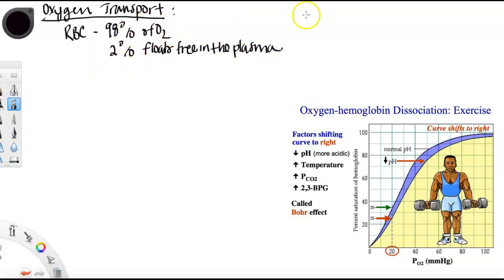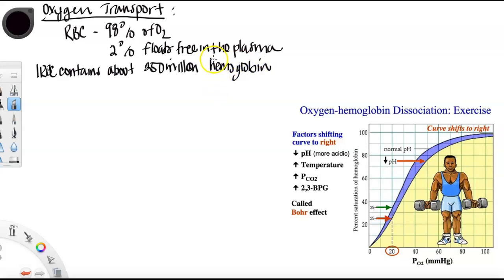So one red blood cell contains about 250 million hemoglobin molecules.